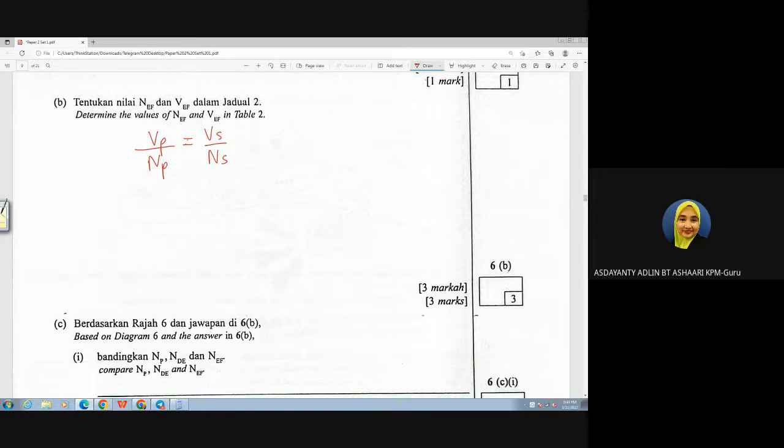So V primary is 240, number of primary is 1000, right? So V secondary is 60, the number of secondary we have to find. So cross multiply, number of secondary over 240 equals 60 over... sorry, 60.